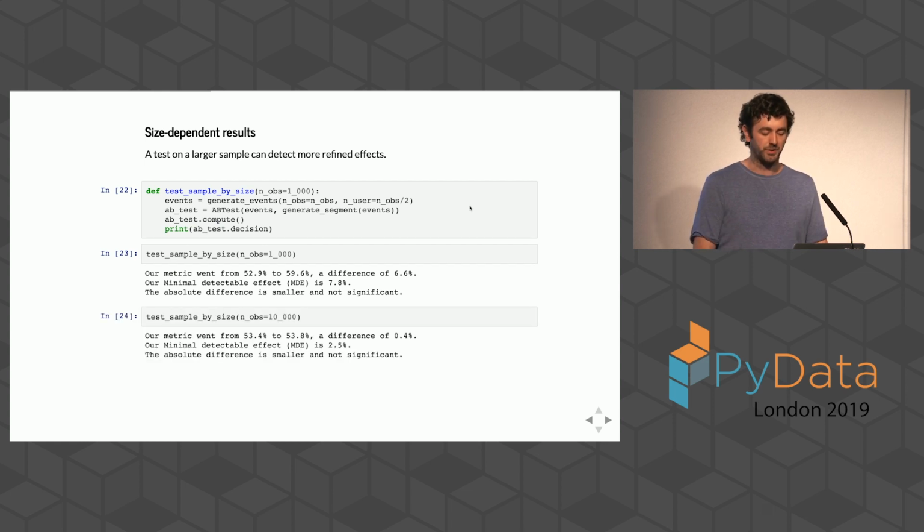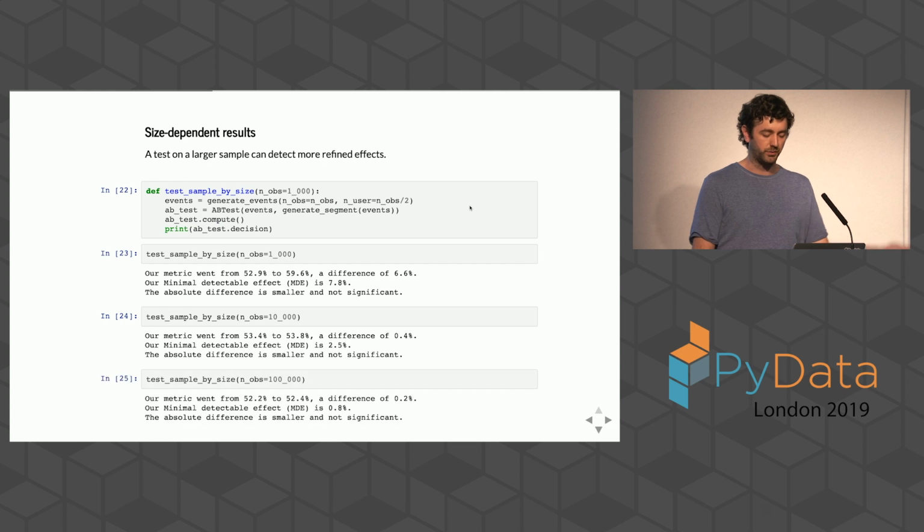If you have 10,000, 2.5%, and 100,000, 0.8%. So to go from approximately 8% to 1%, so that would be 8 times less, you had to go from 1,000 observations to 100,000 observations, so that's definitely not 8 times higher, it's 100 times higher.